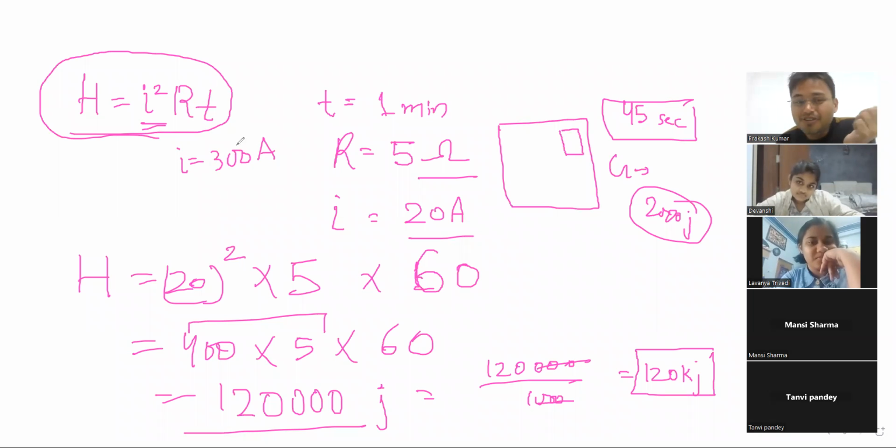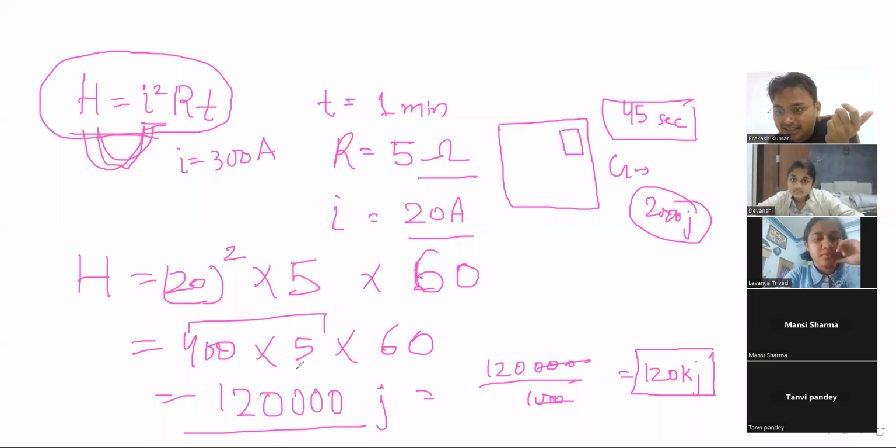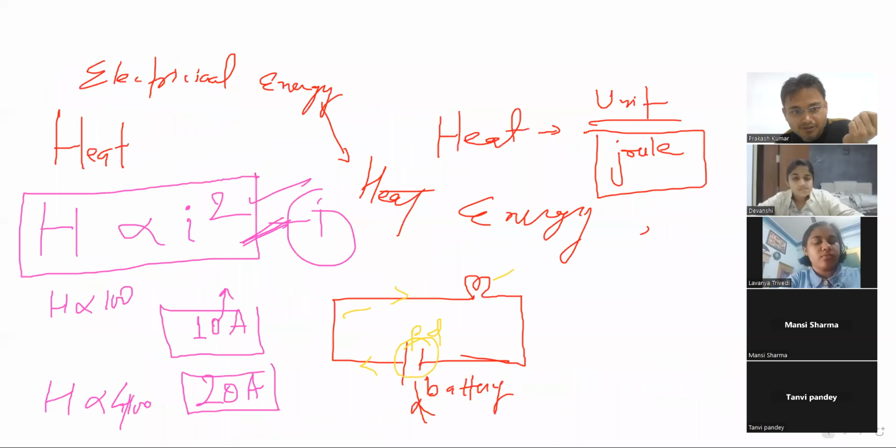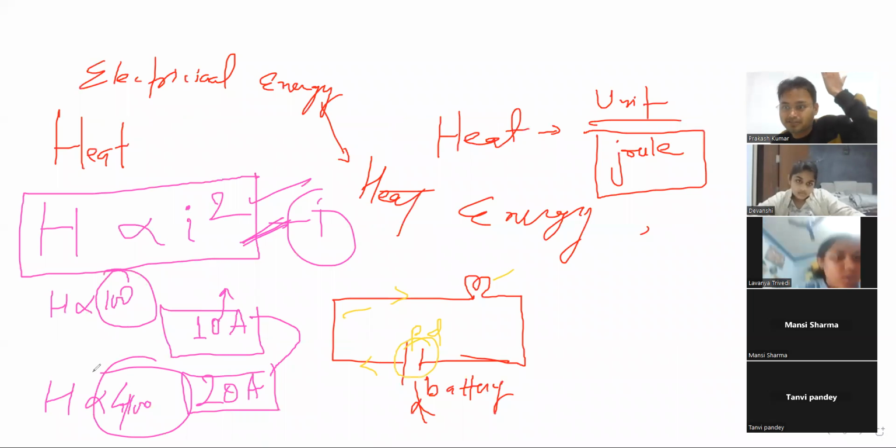H is directly proportional to I square. I was telling, it increases with the square, right? 10 ampere to 20 ampere. See, this heat is becoming 100 to 400. So fuse is working on that.